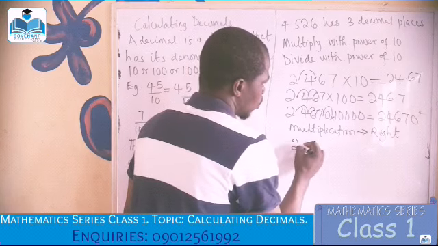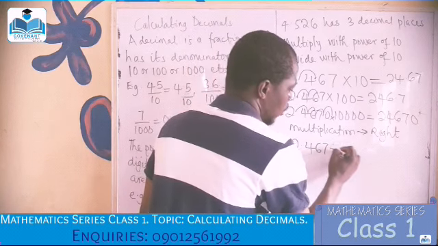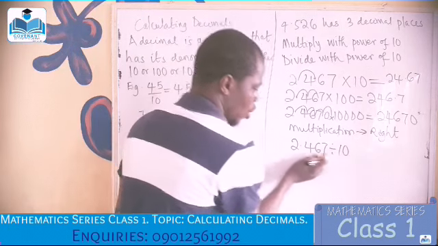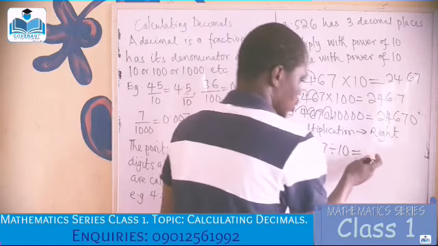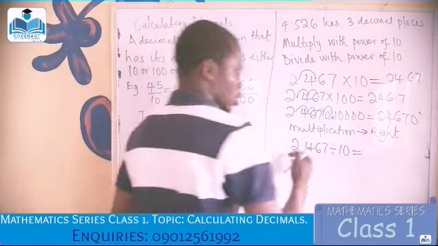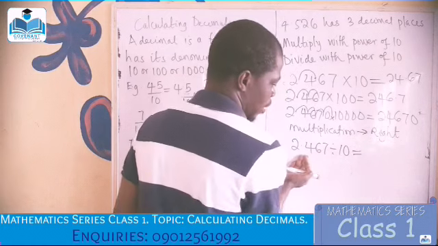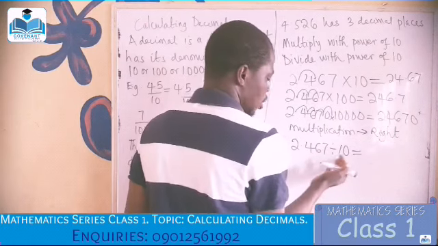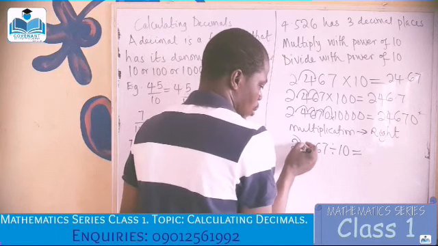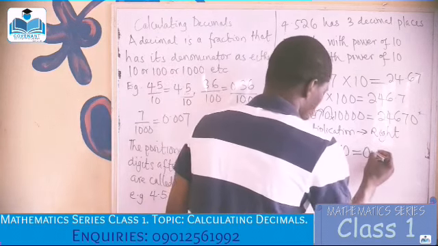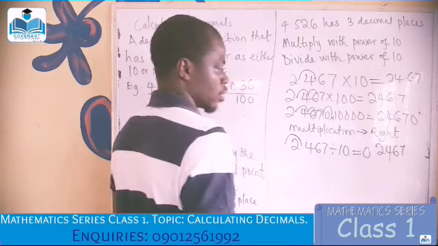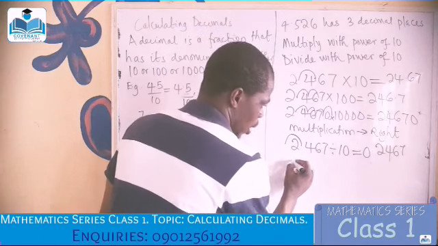When you have 2.467 divided by 10, you move your decimal point just one time to the left. The other time you were moving to the right. When you divide by a power of 10, you move it to the left. And when you move the decimal point to the left, you have 0.2467. That's your answer.